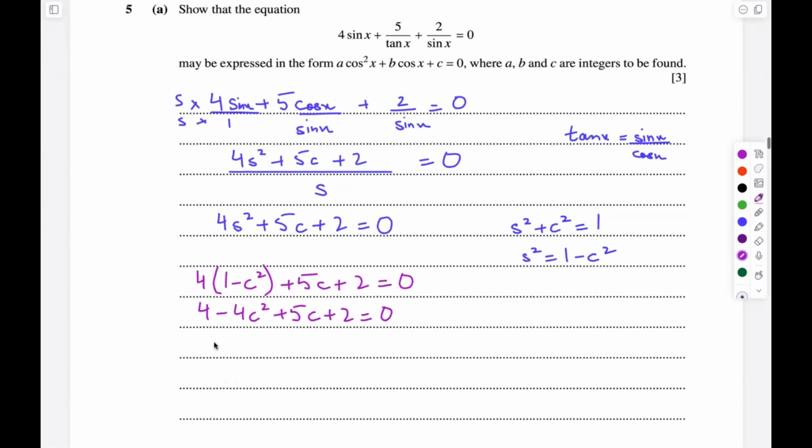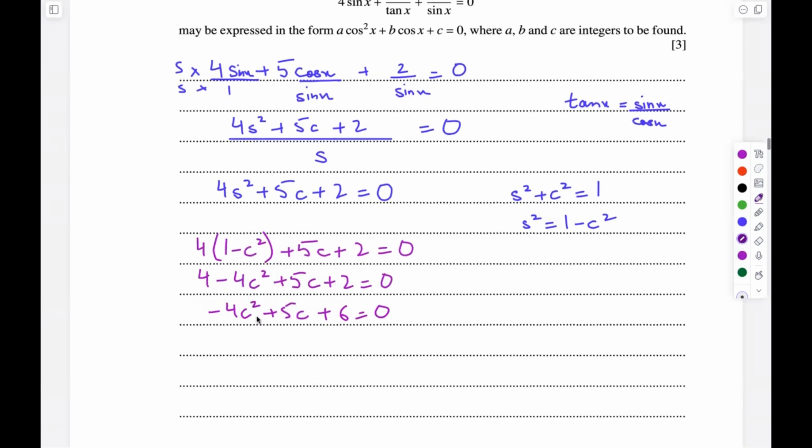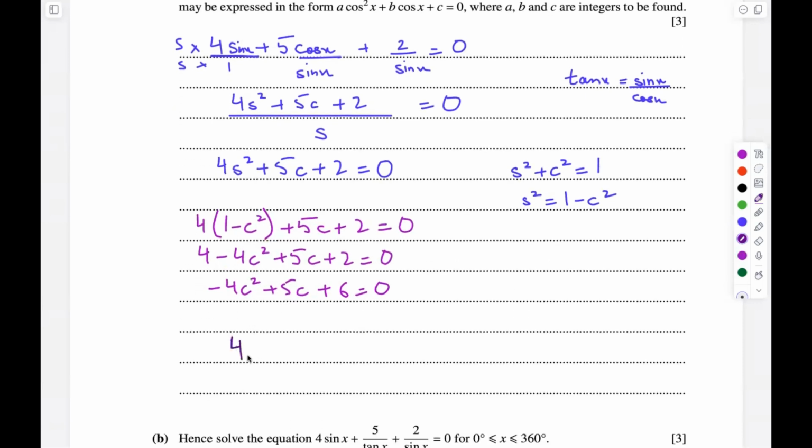So this will become minus 4 cos squared plus 5 cos plus 6 equals 0. Now, as we have to bring the cos squared term in positive, we can change the sign and write it as 4 cos squared minus 5 cos minus 6 equals 0.